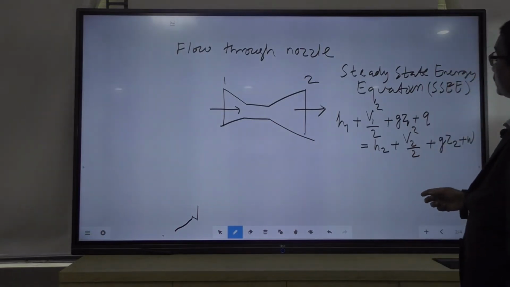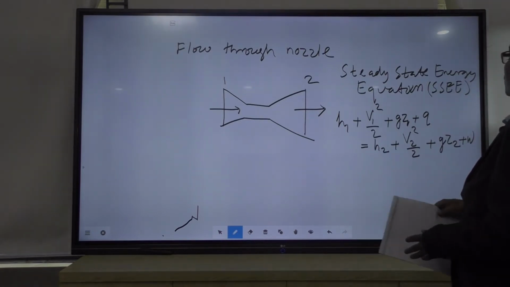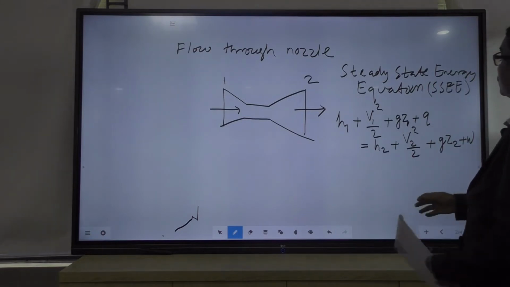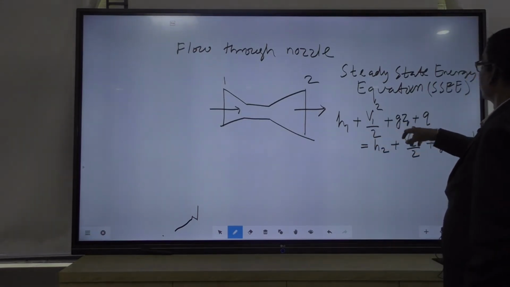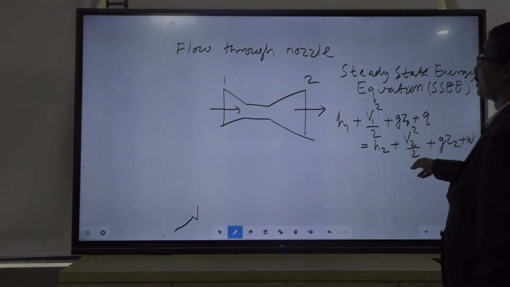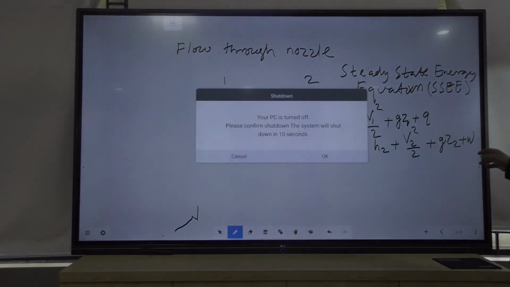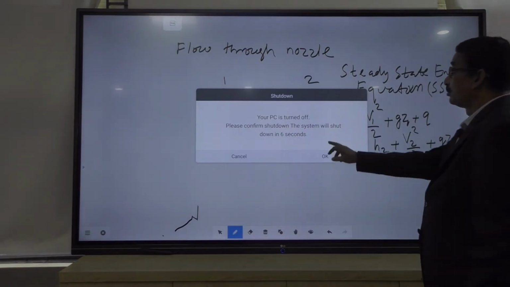You know H is the enthalpy, V is velocity and Z is the datum height. So this is enthalpy, this is kinetic energy, this is potential energy and heat transfer. This is the same property at the outlet.